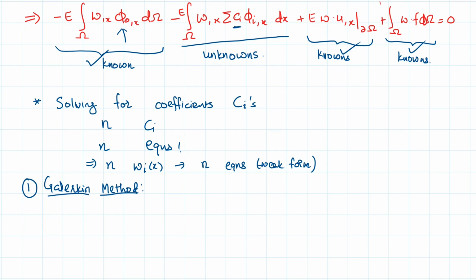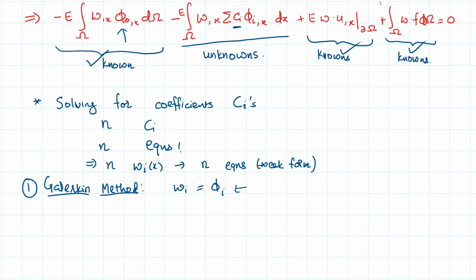Okay, in the Galerkin method, our weight functions are assumed to be equal to our constituent functions in the approximation to u, the phi i. Because of such a unique assumption, where wi is equal to phi i, we end up with a very special property for our stiffness matrix.